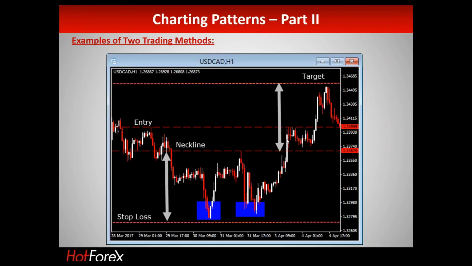I was waiting. Once the neckline was broken, I was waiting for the neckline to confirm that it became a good support level. Based on these candles over here, it was confirmed that it's a good support level. So I entered the market once I saw this second big bullish candle, which is way above my neckline.